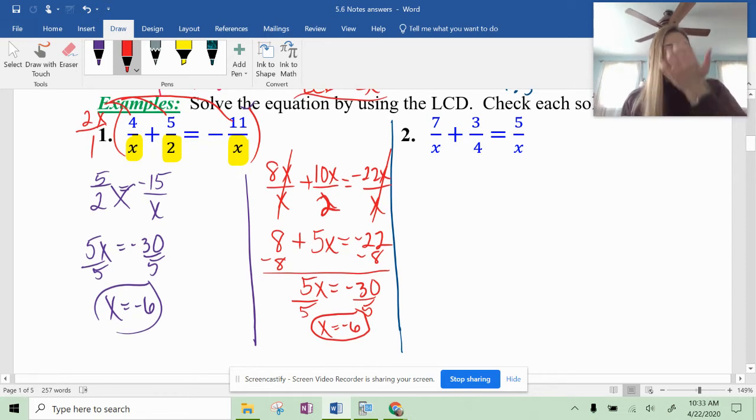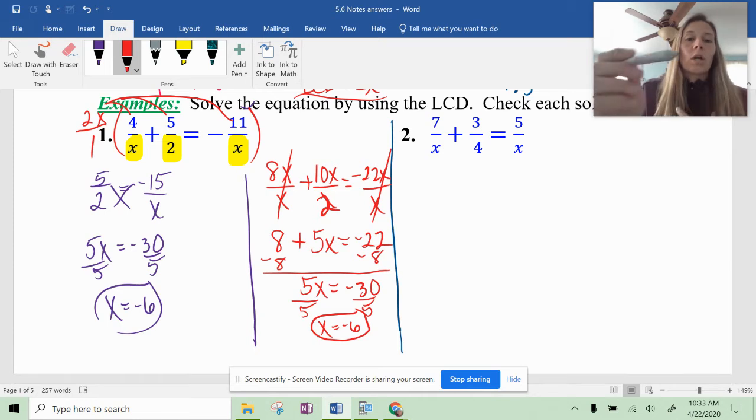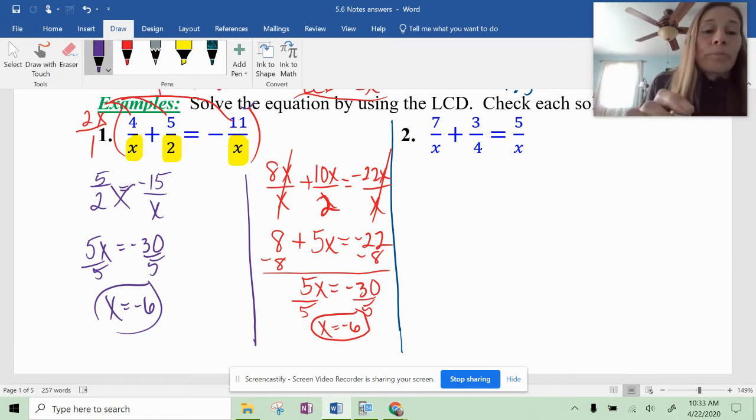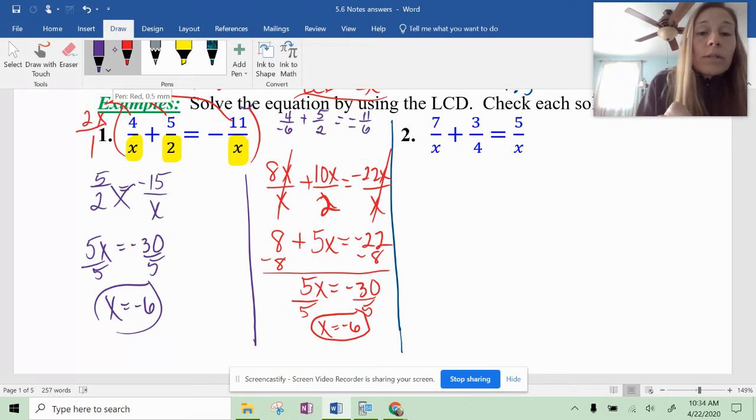So now to check it, and of course I don't have to check it both ways. It's the same answer. If I were to check this though, 4 over negative 6 plus 5 over 2 equals negative 11 over negative 6. So really 4 over negative 6 simplifies to negative 2/3 plus 5 over 2, and then this would be positive 11 over 6.